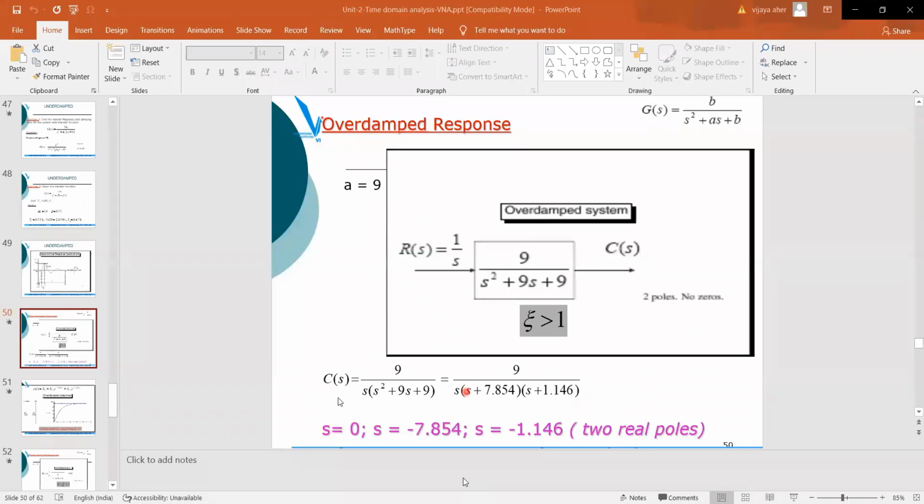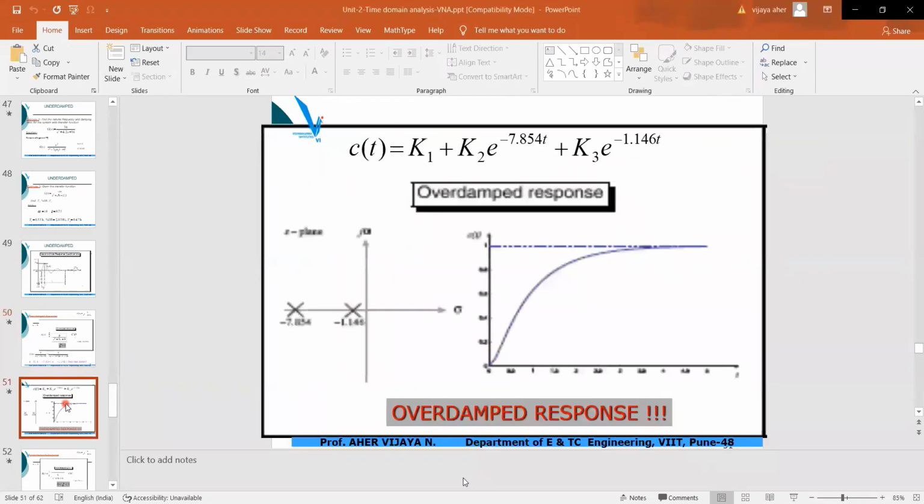You will get C of S equal to K1, K2, K3 divided by the terms S, S plus 7.8, and S plus 1.16. Now, taking the Laplace inverse of that equation, you will get C of t, and that C of t I have shown over here. Now let me know what the value of K1, K2, and K3 is. You have to find it.